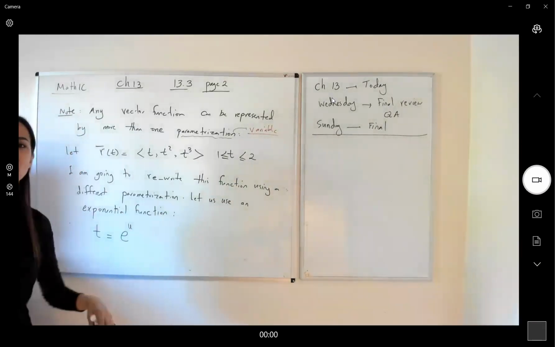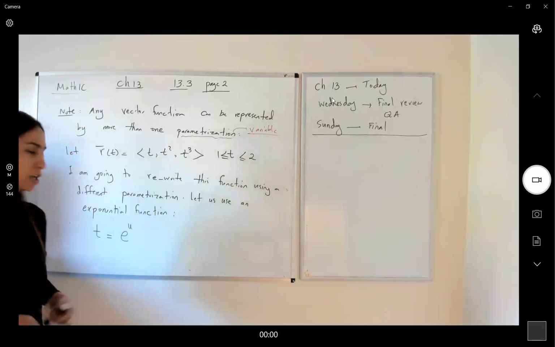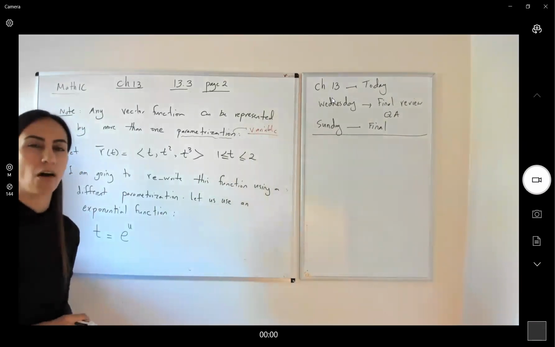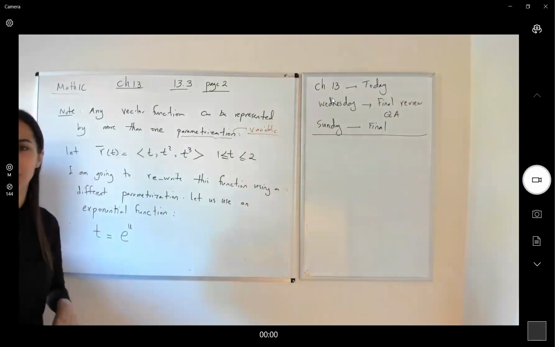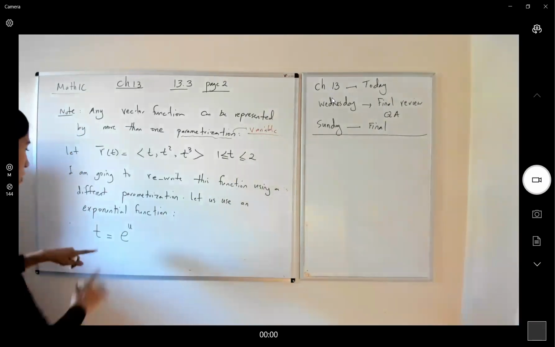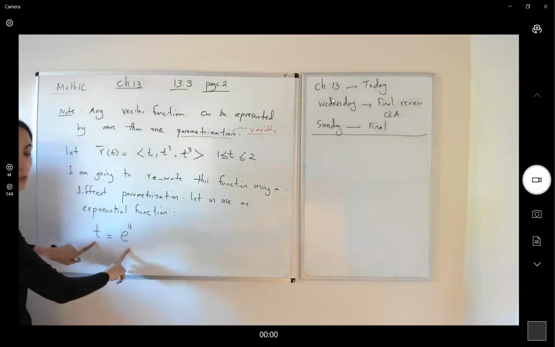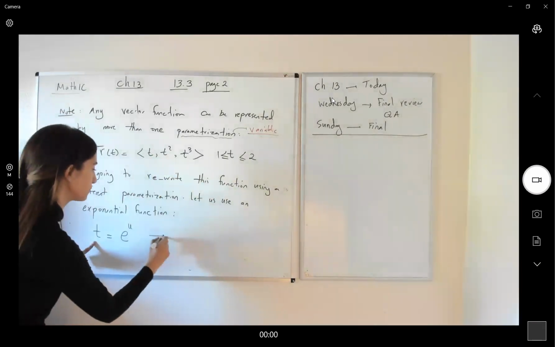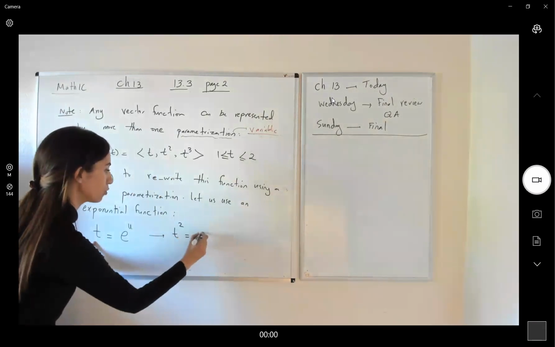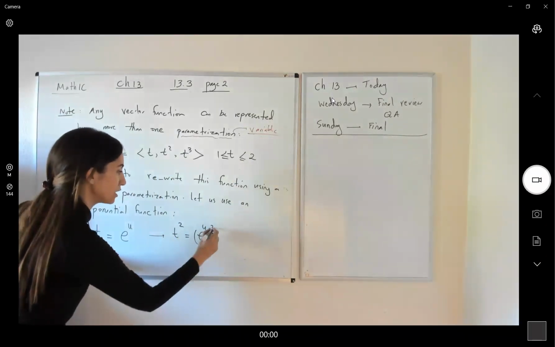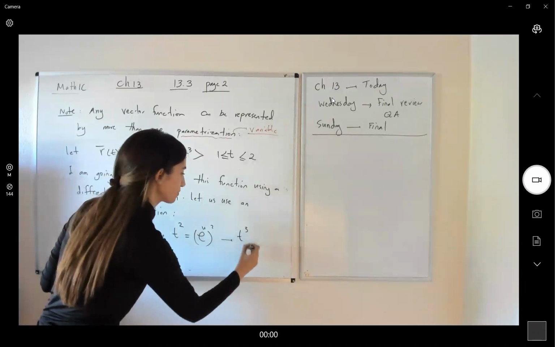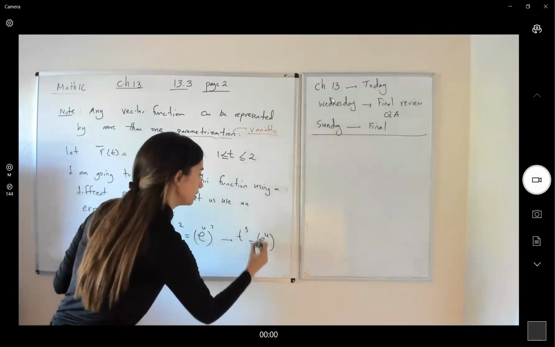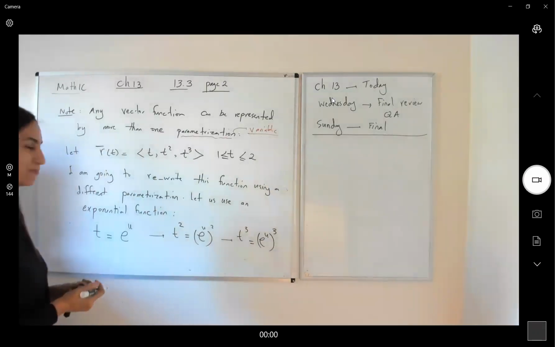This is absolutely my choice. You can take t to be sine of u. You can take t to be cosine of u. Anything that you like. So when t is equal to e to u, t squared is equal to e to u raised to the second power, and t cubed is e to u to the third.